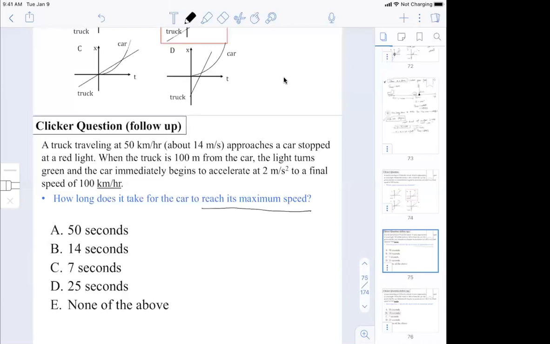Okay, 70% have voted. I'll give you 15 more seconds to finish your vote. Any last minute vote before I turn it off? Okay, I'll end this.